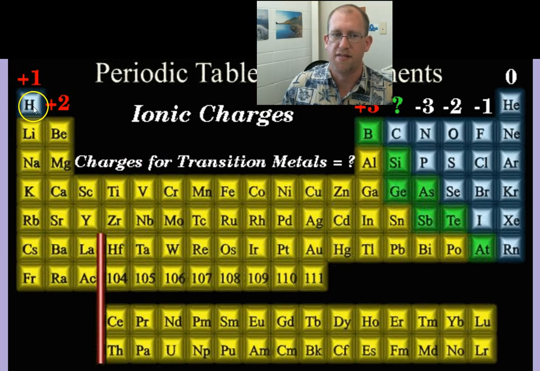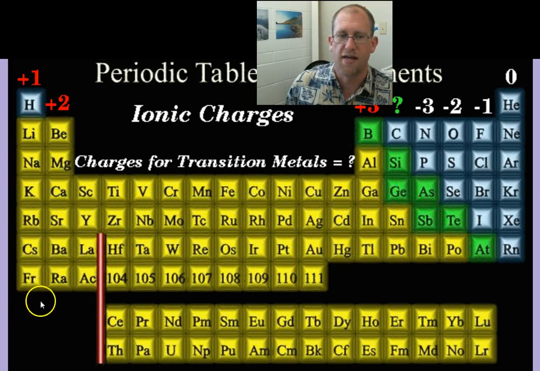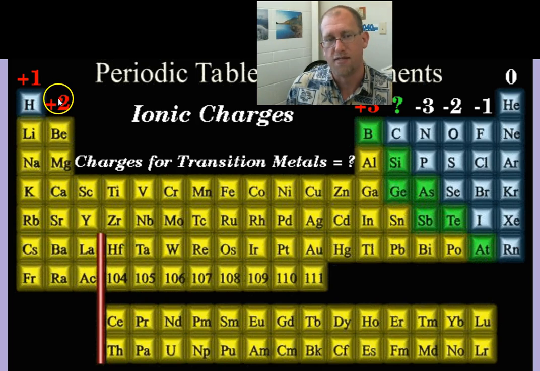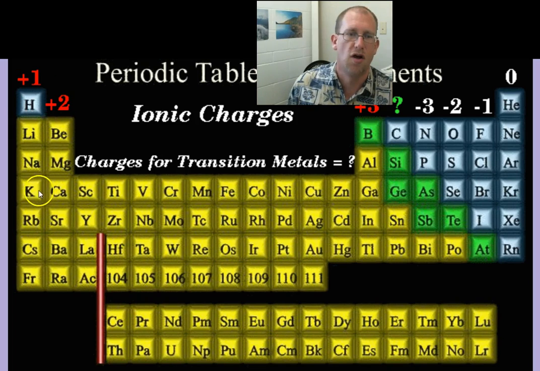So this is 1s1, this is 1s2, this is 2s1, 2s2, 2p1, etc. As you go across the table, you can see that these columns only end in an s, which means their outermost valence shell only has 2. They can ditch those 2, and they could become a positive 2 or a positive 1, depending on which of these columns they're in.